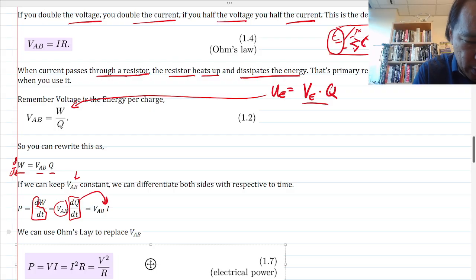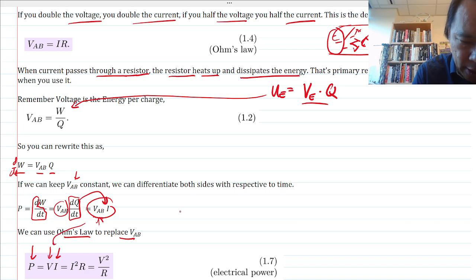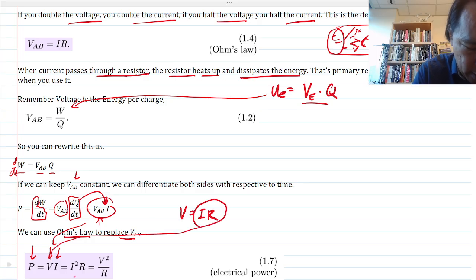We can use Ohm's law to replace V AB. So the power dissipated by a resistor can be the voltage times the current, which is what you have here. Or, since the voltage across a resistor is IR, you can replace this V with I times R. Then you get two factors of I, so it's I squared times R. That's one way to calculate the power dissipated.